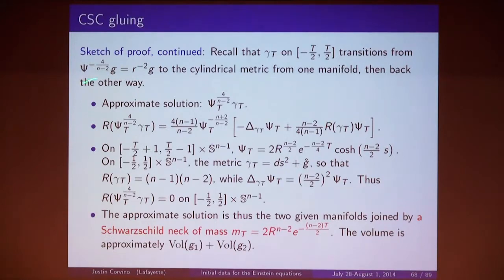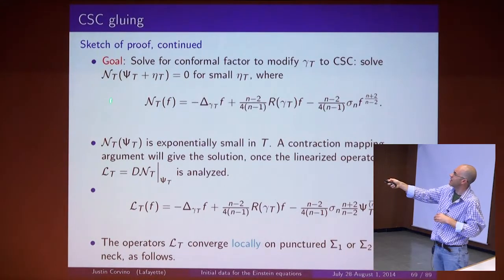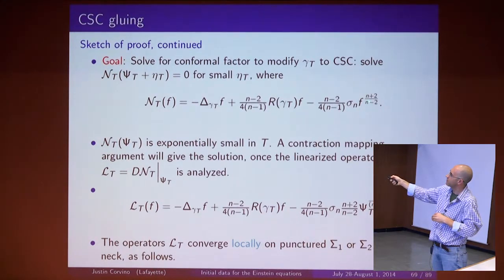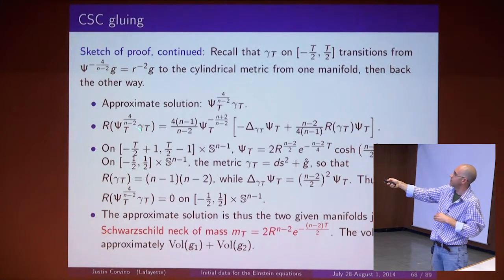Okay, we want to solve this nonlinear problem. We want to solve for this side being sigma n. So I'll put sigma n on the left side of the equation for the constant and move this nonlinear term over here. And that's my nonlinear operator N sub t. I put sigma n here, take the conformal factor to this power, and move it over.